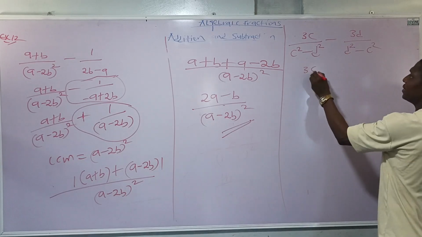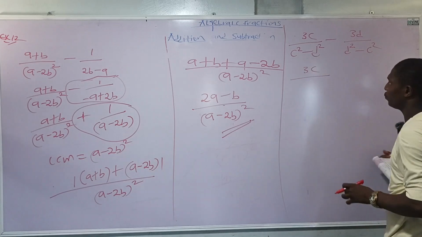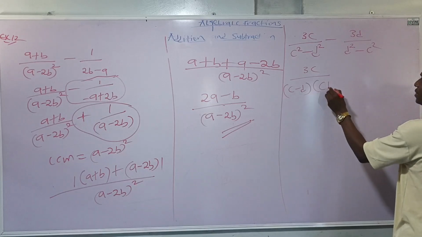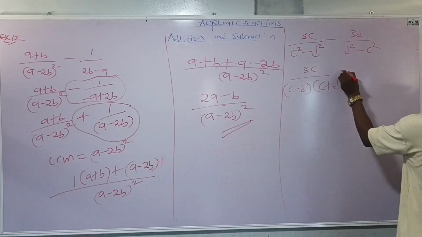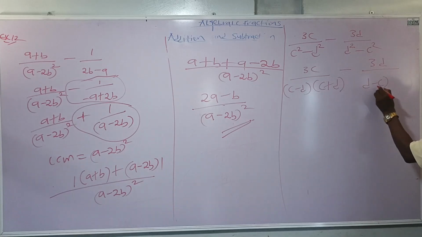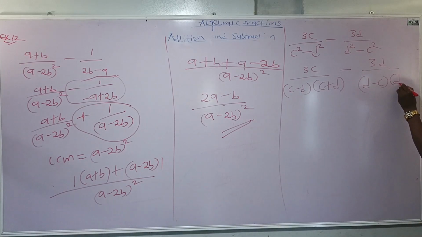Now I have my 3c all over, this is a difference of two squares. So I'll simply say (c minus d)(c plus d). I'll have my minus 3d, and I'll have my (d minus c)(d plus c).